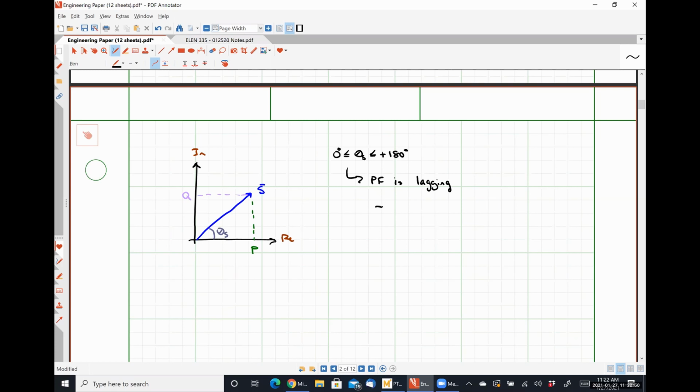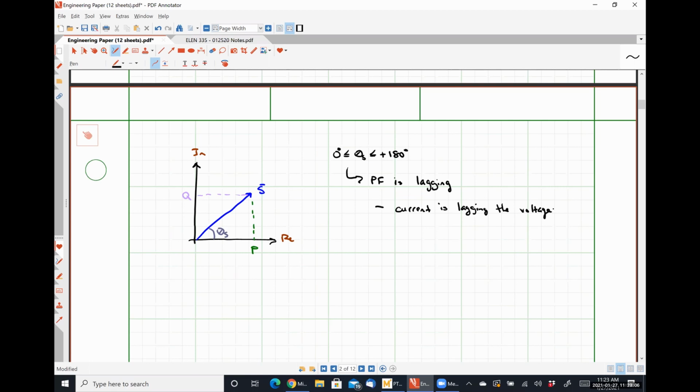This means specifically that the current through the element is lagging the voltage.